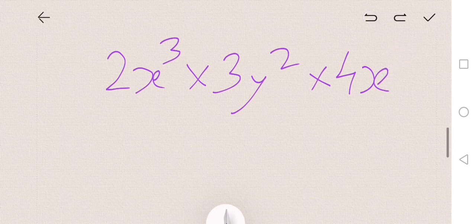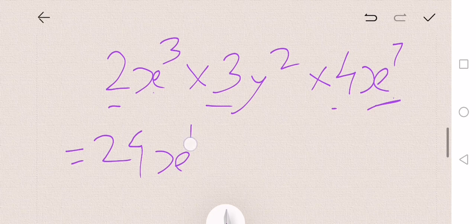Or instead of 3, let's say 7, just to make it okay. So what do you do first? 2, 3, 4, they are numbers, so 2 times 3 is 6, 6 times 4 is 24. Right, now look, x and x match. So it's x, 3 plus 7 is 10, and y doesn't match, so whatever is there, just write it like that.